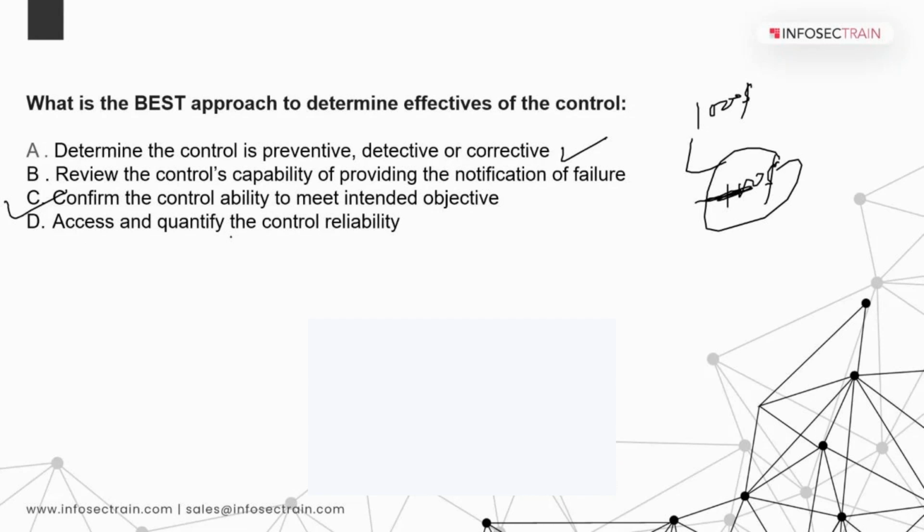Quality of control, reliability, quality will not actually prove it to you. Always have a benchmark. You know that business impact. So confirm the control's ability to meet the intended objective. What is the intended objective? Support business. And what does the business need? Reduce risk to an acceptable level. Right? So answer is C.